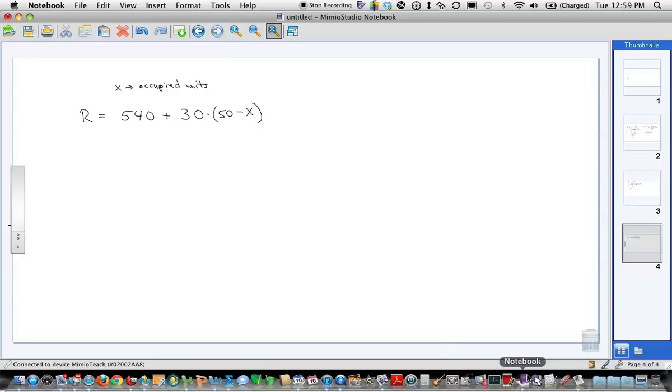So what do I need to do to get the total revenue? I need to multiply all that by how many occupied units I have, which is X. This is the rent for one apartment times the number of apartments. So what's my cost?